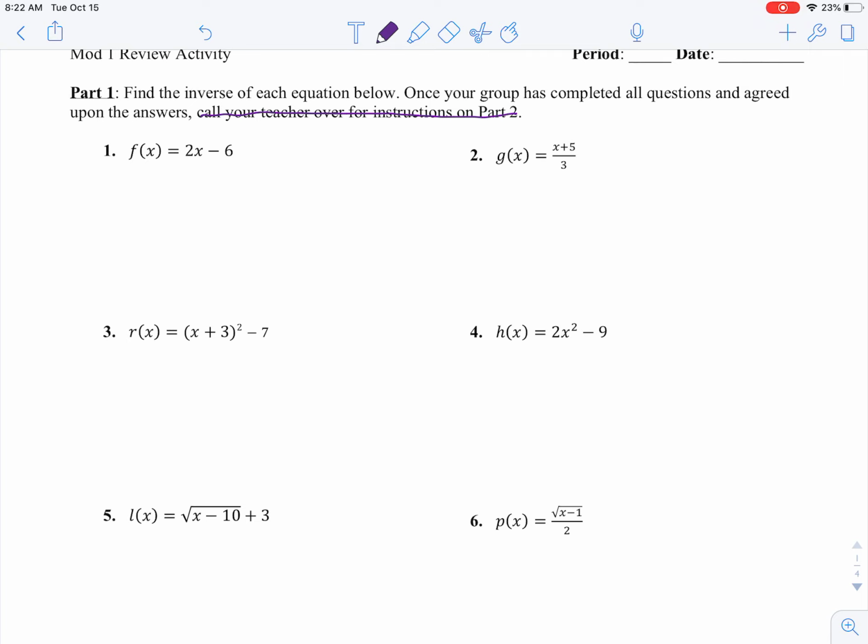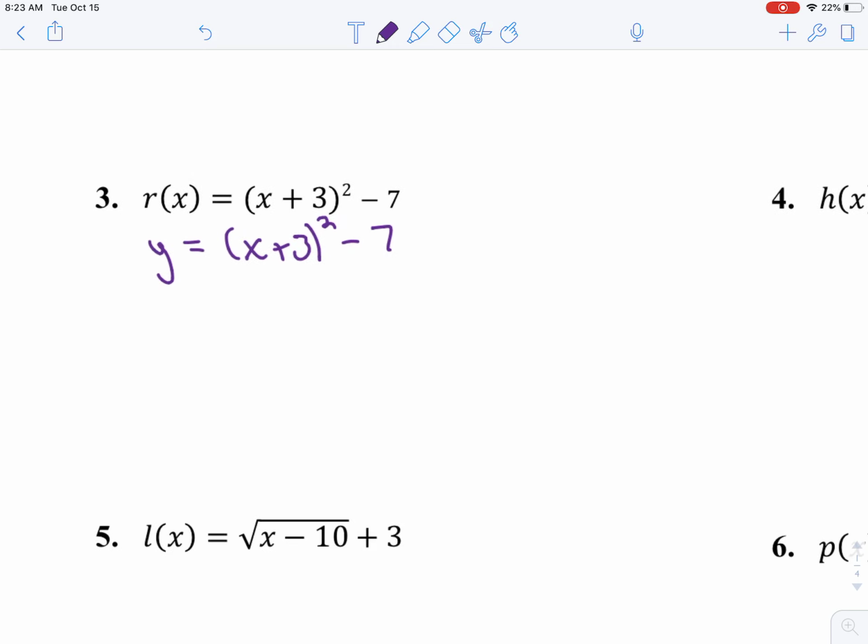So for number 3, we need to find the inverse of the r of x function. When I begin these, I start like this, because I know that I have to switch x and y, and that r of x and y are the same thing. And then I'm going to add 7 to both sides.